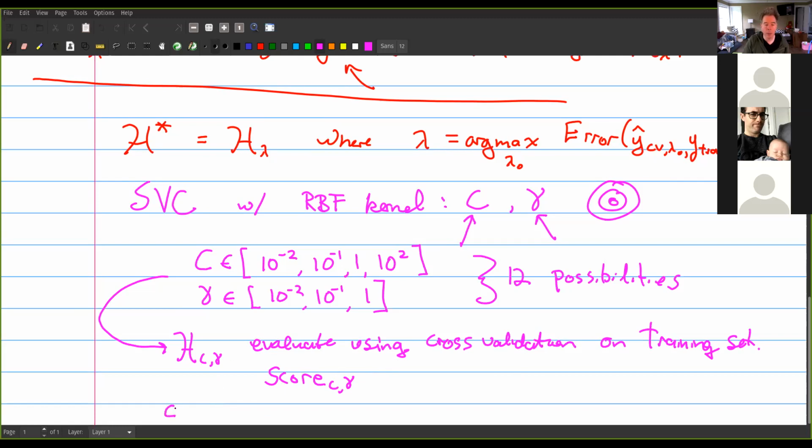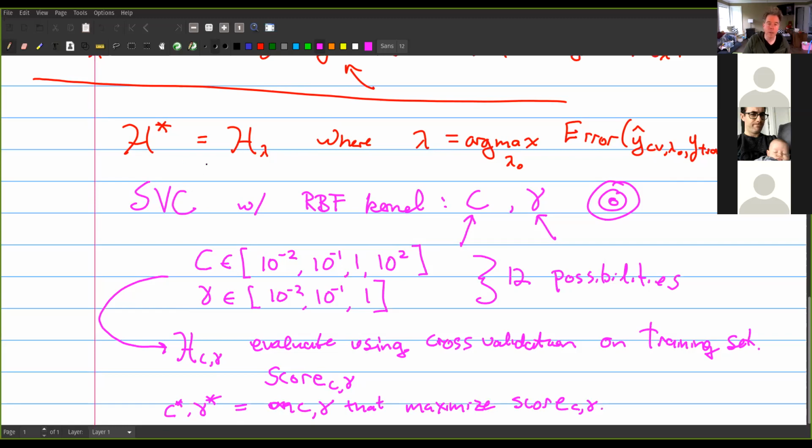Then we pick the best parameters. The final parameter choice will be C star gamma star, and these will be the C and gamma that maximize the score of C and gamma.